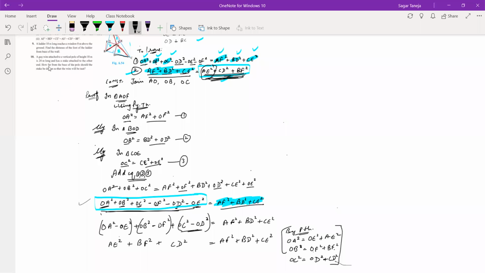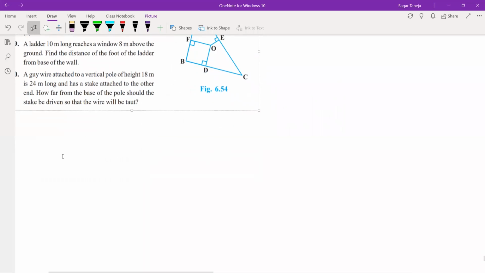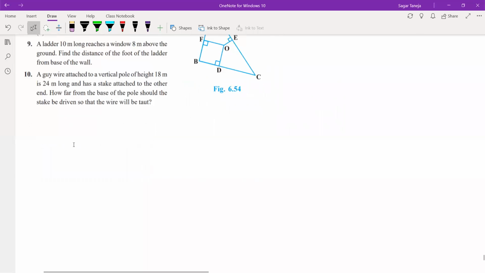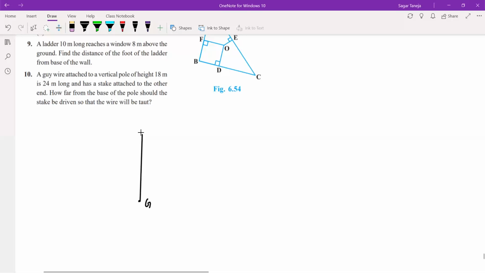Now, doing the next question. Now the next questions are easy enough. A ladder 10-meter long reaches a window 8 meter above the ground. So it's a ground and there is a window 8 meter above the ground.